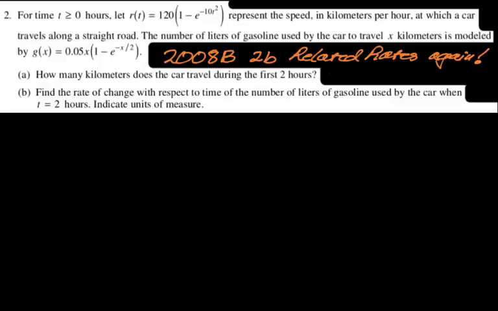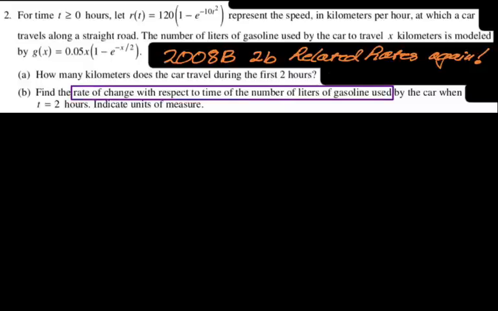The number of liters of gasoline used by the car to travel x kilometers is modeled by g of x. Now the question is, what's the rate of change with respect to time of the number of liters of gasoline? Well, g is the function that tells you liters, but g is a function of kilometers, so we're looking for dg/dt.